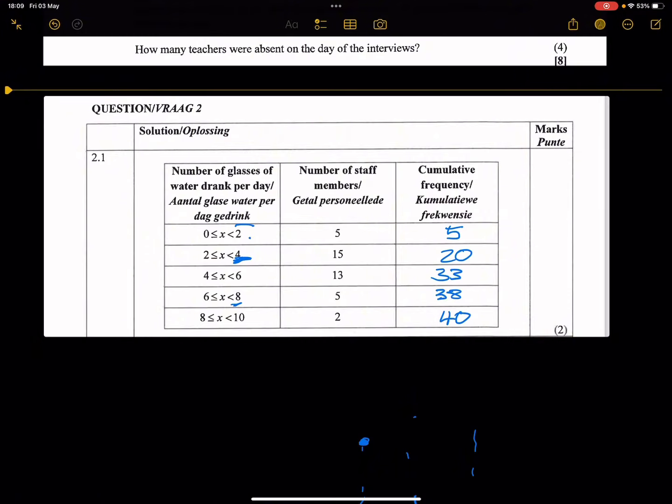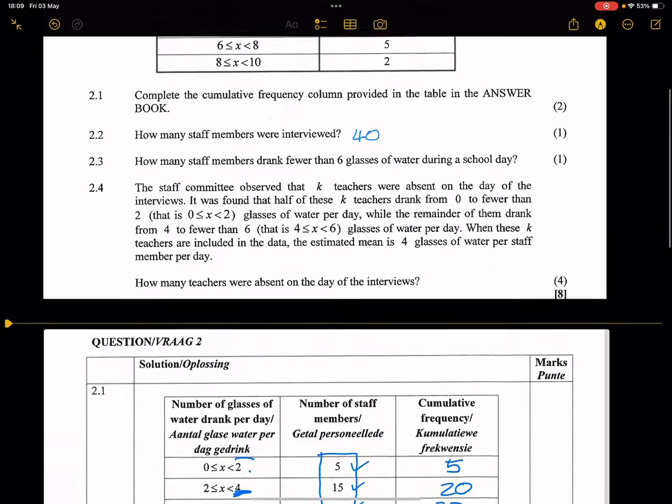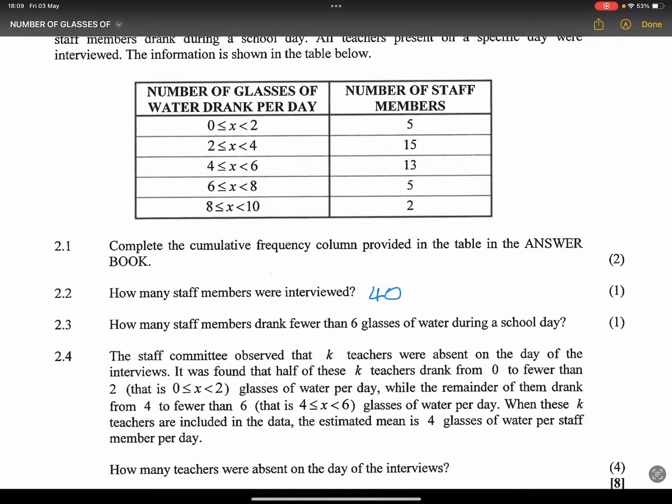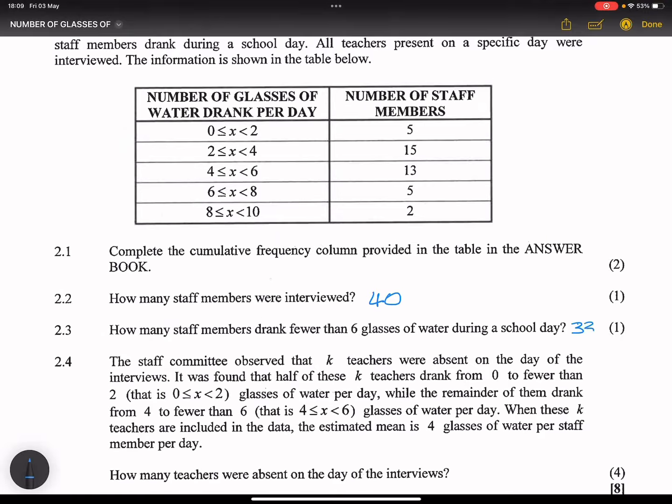From here going up, all of these drank fewer than 6. So the actual number is 33 people, or you can just simply sum all of these up. All of those drank less than 6, so in total, that would be 33 staff members.